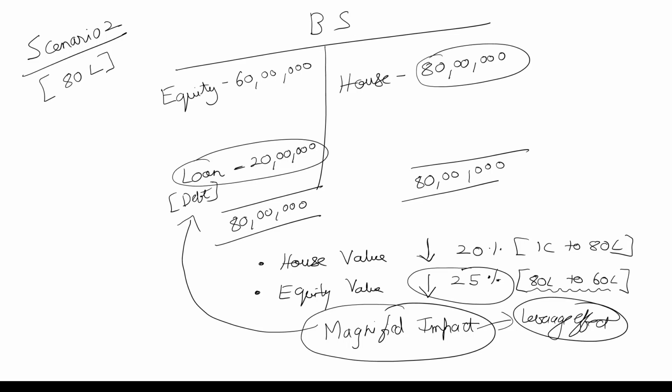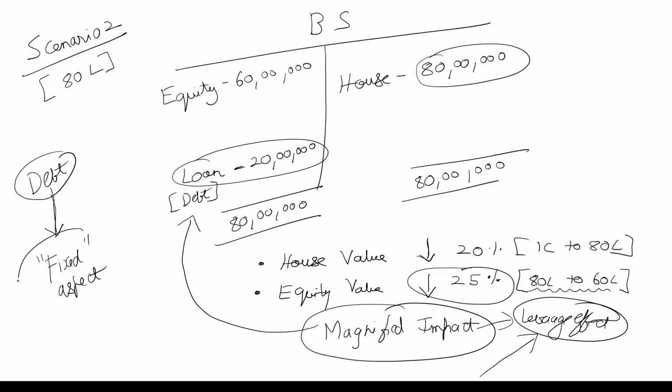So with this example 1, we have understood what we mean by the leverage effect and what the contributor is. Right? In our example, it was debt which was the contributor, and let me again re-emphasize that what is very important about this debt is this fixed aspect. That is the only thing that is important.